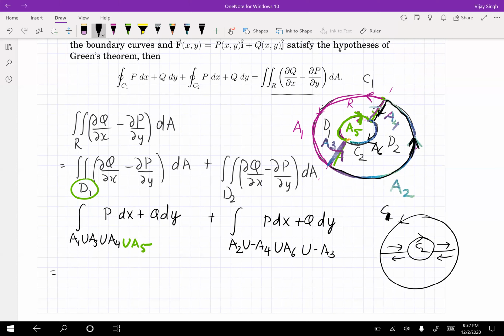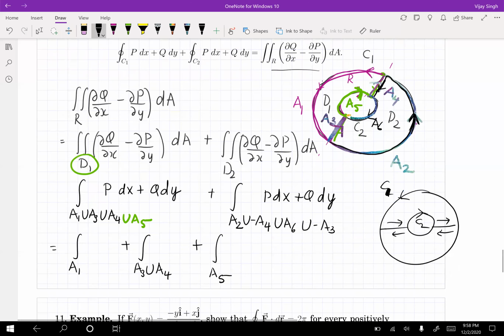So in this case we get A1 plus A3 union A4, then union A5, for the first part, again P dx plus Q dy.